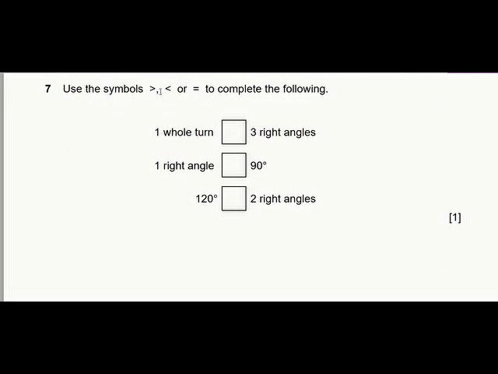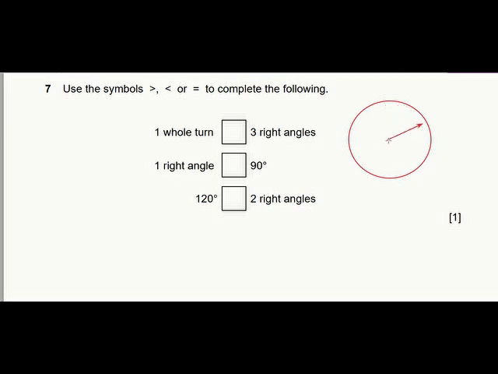Use the symbols greater than, less than, or equals to complete the following. Okay, 1 whole turn, 3 right angles. Turn, right angles? Well, I am going to give you a circle, and it says 1 whole turn.